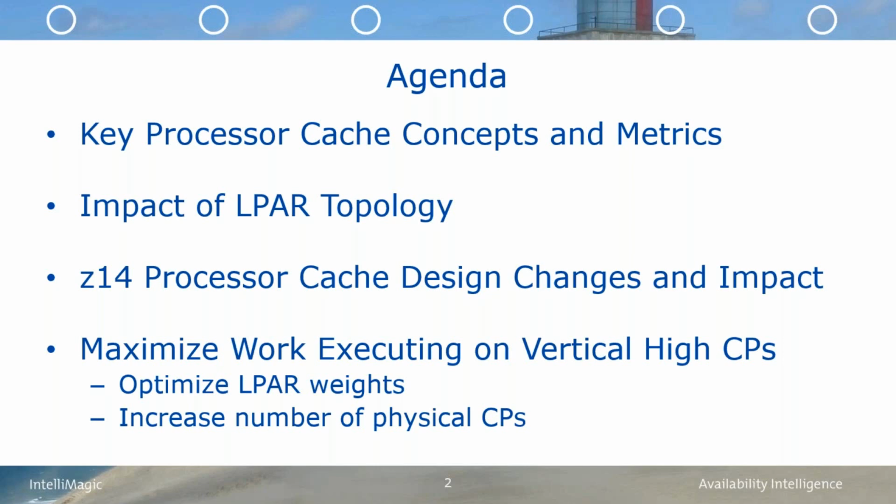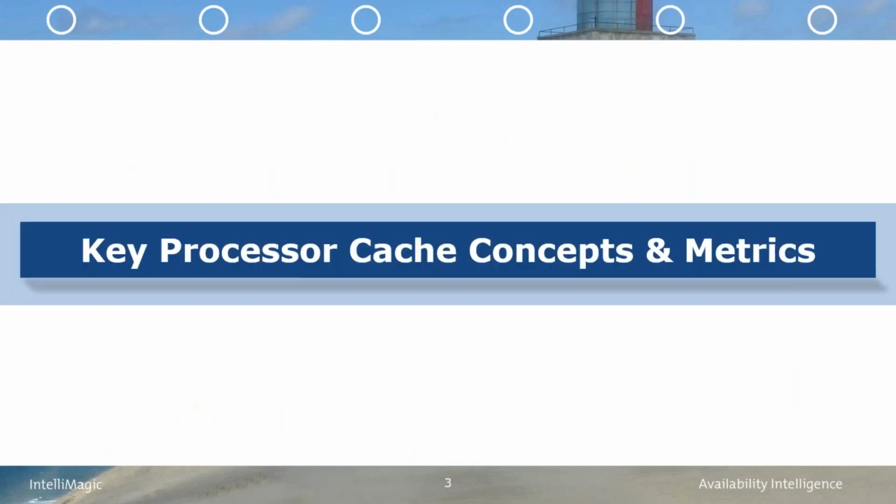And we'll be using numerous examples from real-life situations throughout the webinar to illustrate the potential impacts of these tuning actions. Most of the metrics we'll discuss come from the SMF 113 records produced by the CPU measurement facility.